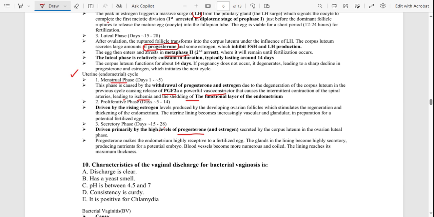What do we think about this one? Which feature is true about BV, bacterial vaginosis?